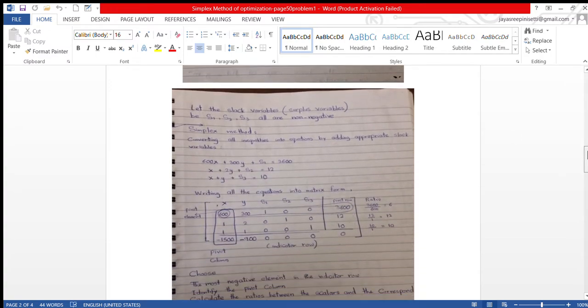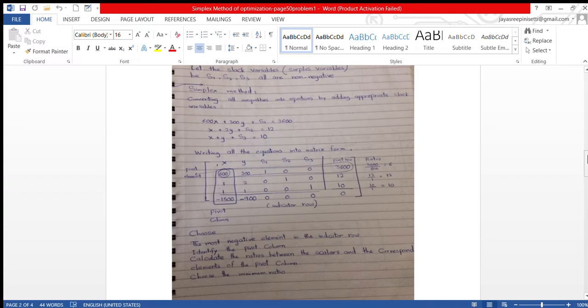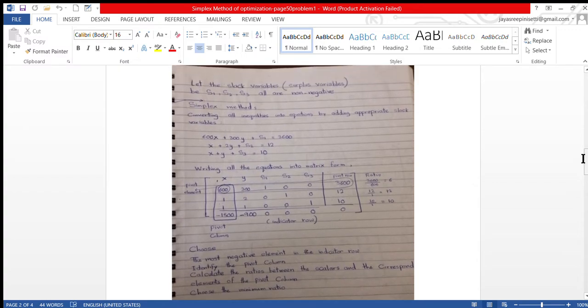And then after that you have to set up a simplex table from the constraint equations and from the objective function. Before that, similar to the graphical method, we have to remove the inequality constraints.